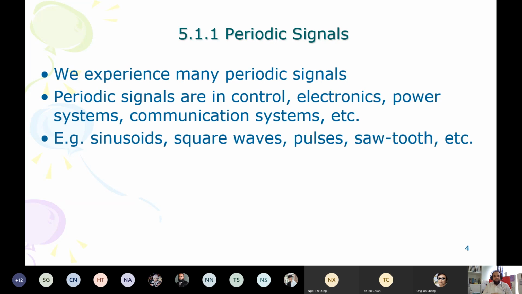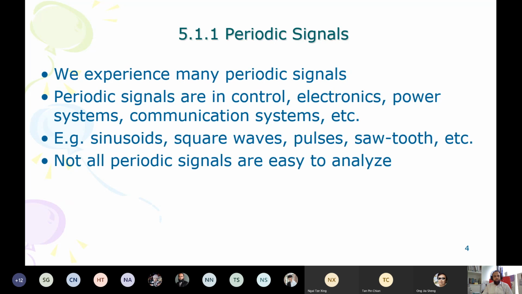Secondly, these are the types of periodic signals: sinusoids, square waves, pulses, sawtooth, etc. Not all periodic signals are easy to analyze. Take the simplest case of a square wave.